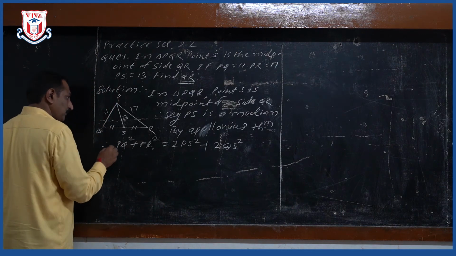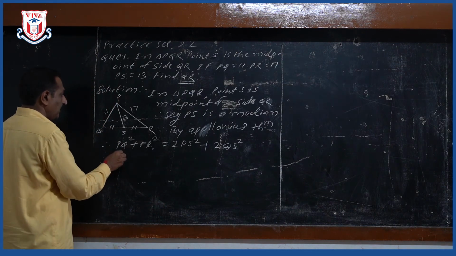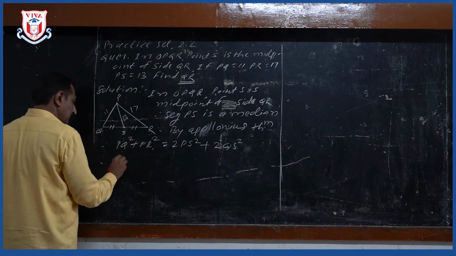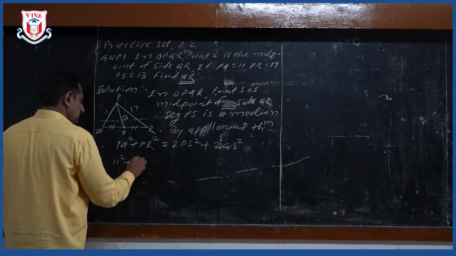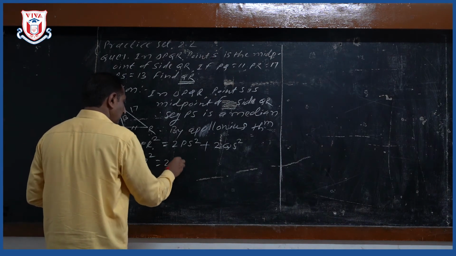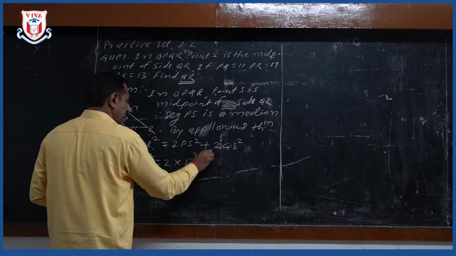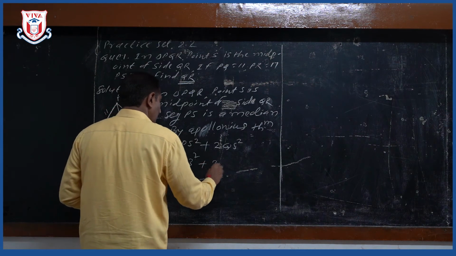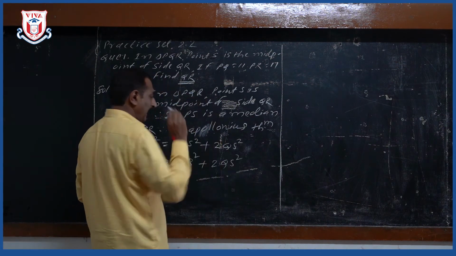Now substitute the values here. PQ is 11, its square, plus PR is 17 as given, its square, is equal to 2 into PS 13, its square, plus 2 QS square as it is.